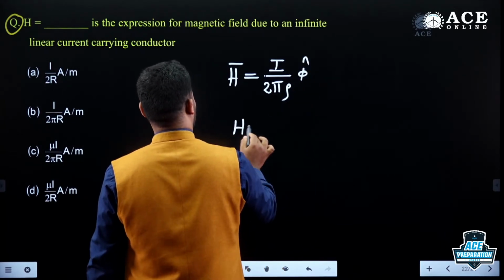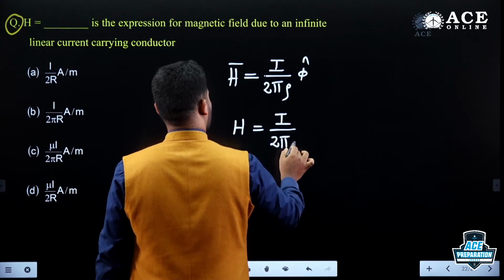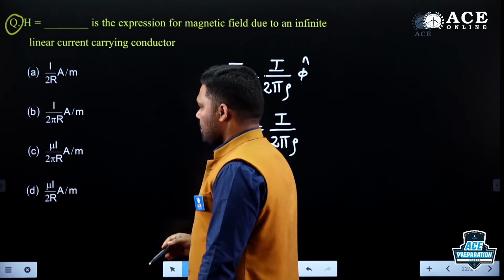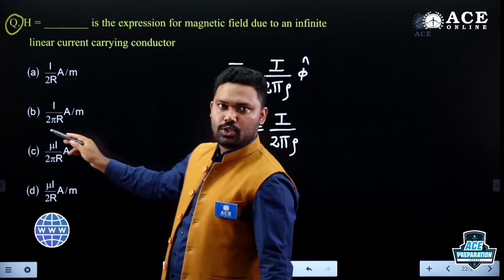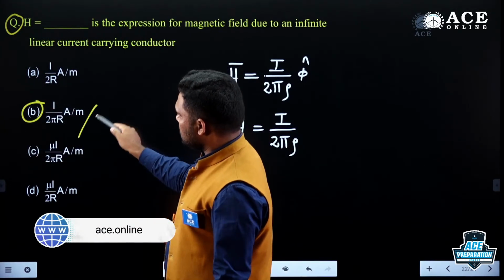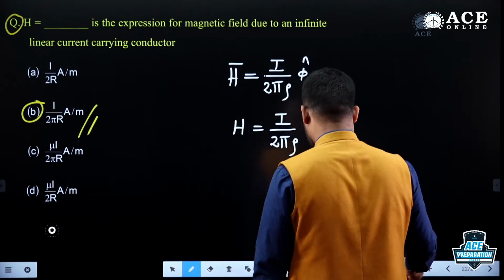If you take only the scalar quantity, I by 2 pi rho or r, or whatever it may be according to the question. So option B is the answer, I by 2 pi r. Clear? Let us take one more question.